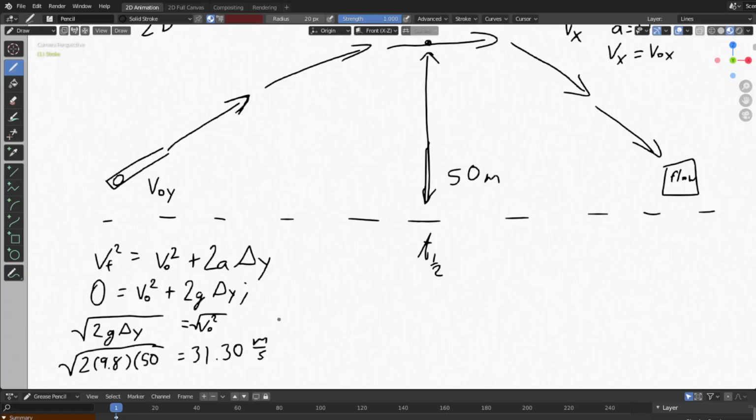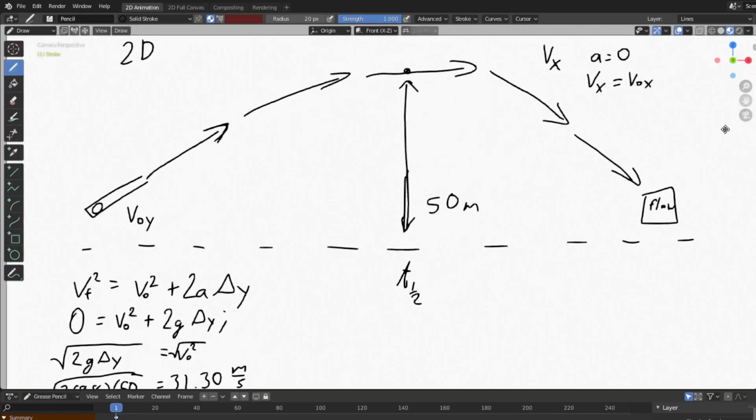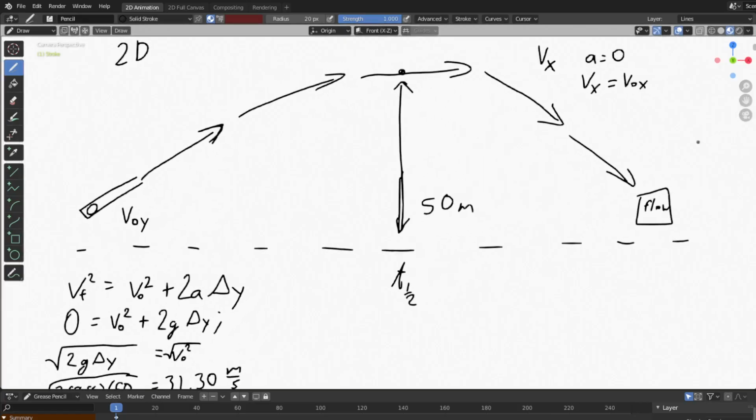Meaning that because we already technically did the second half of this problem, this part, Vf, is also probably going to be 50 meters per second. Unless this was on a hill and this is like height 1 and then it goes down even more. But here we're pretending it's on a flat surface.